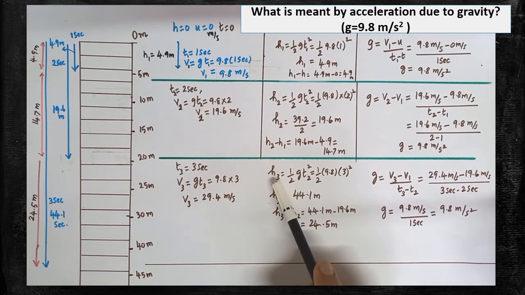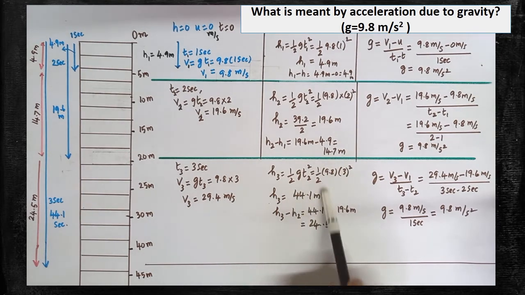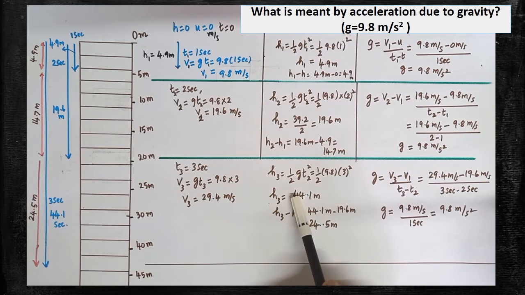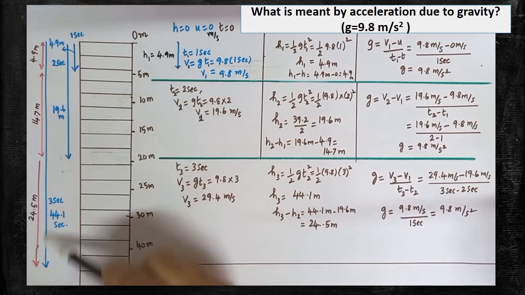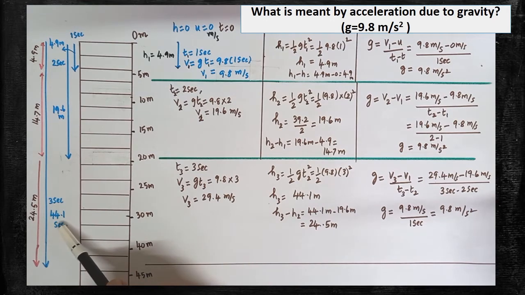Now we'll calculate the height of fall. So what is the formula? h3 is equal to half g t3 square. Substitute everything, calculate. We are able to calculate the height of fall after the third second. So if it is dropped right from here, after the third second it covers a distance of 44.1 meter.